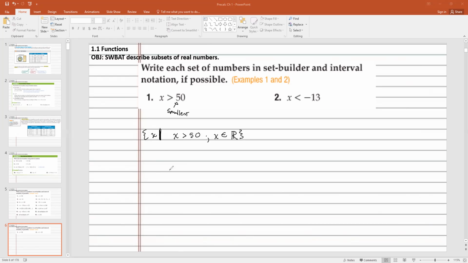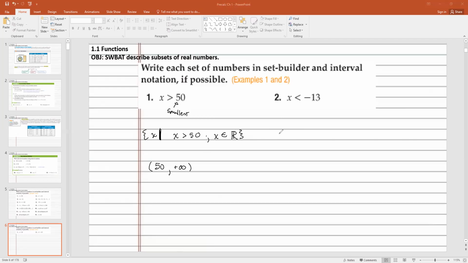So that's going to be on the left side. So 50. And they don't give us the biggest number because it goes on forever. So the biggest number is positive infinity. Now you don't need to put the positive there, but I like to put it there. And infinity always has that parentheses. And there you go.